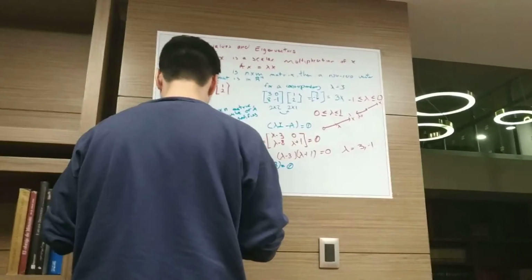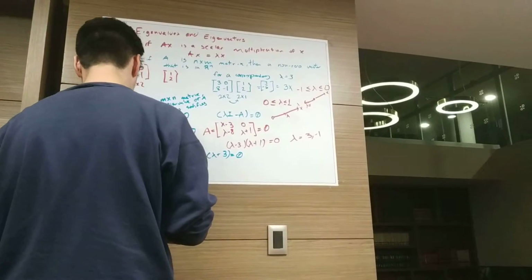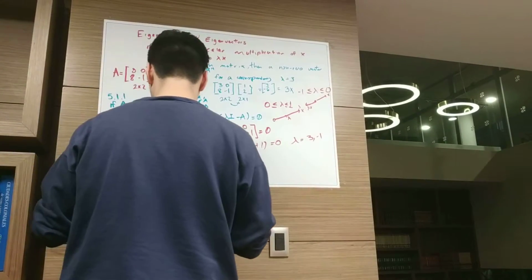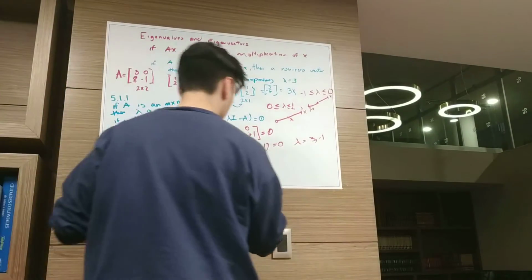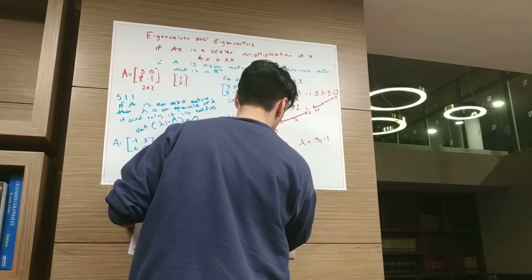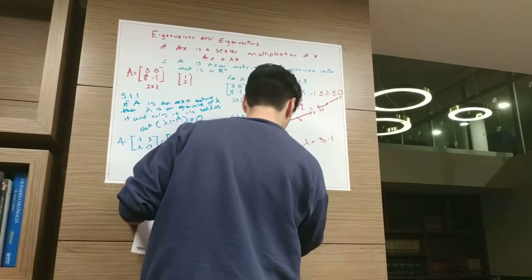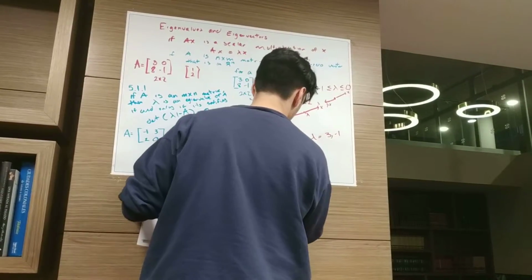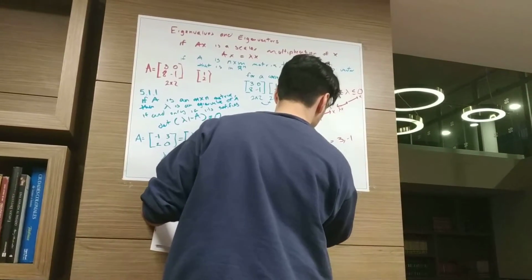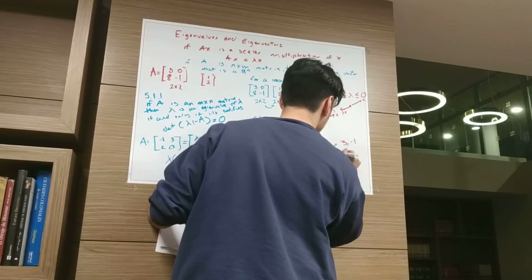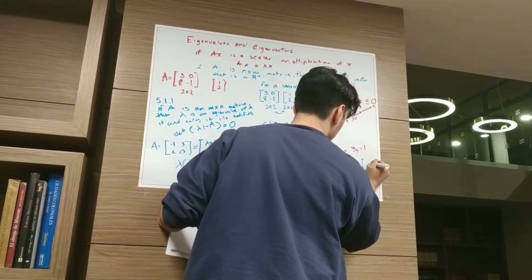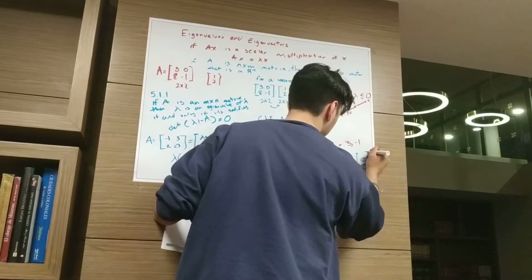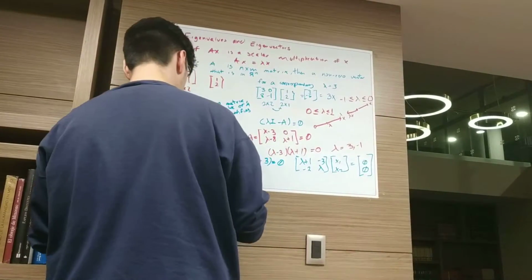So in this case we can make a general solution, I think that's what it's called: the matrix with lambda plus 1, minus 2, minus 3, and lambda, multiplied by x1 and x2, equals 0, because we already know the theorem.